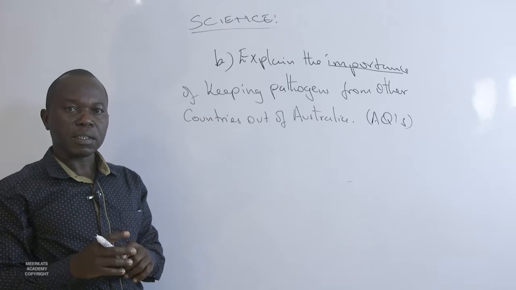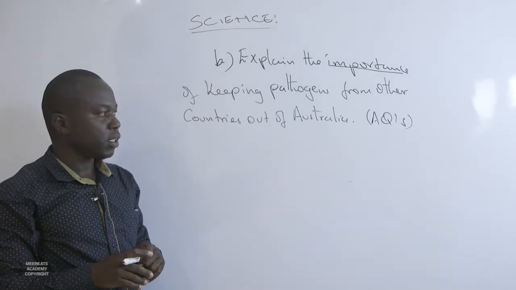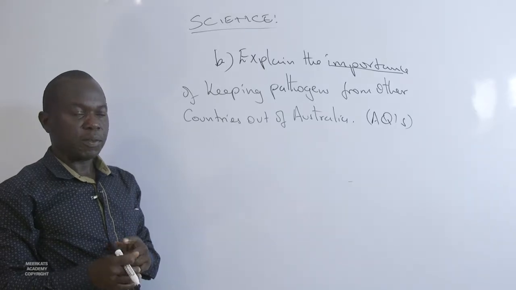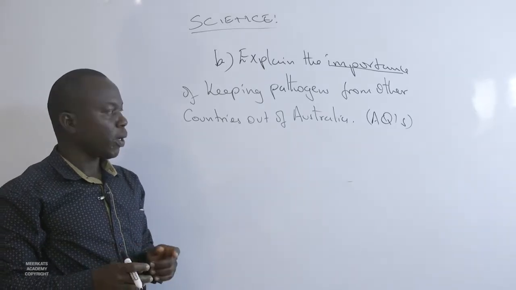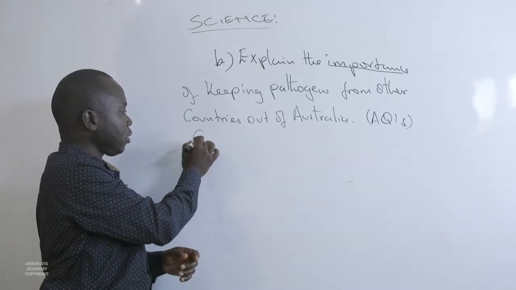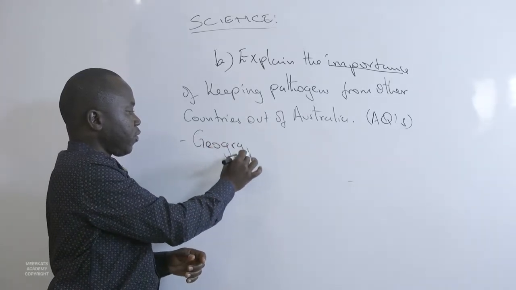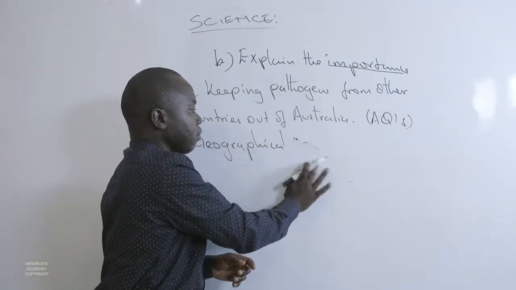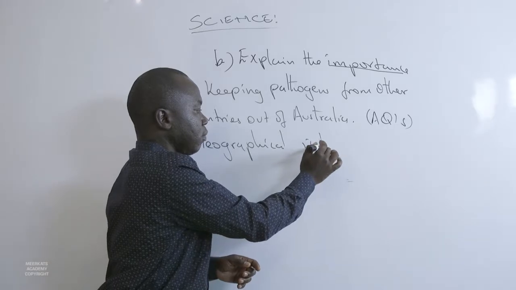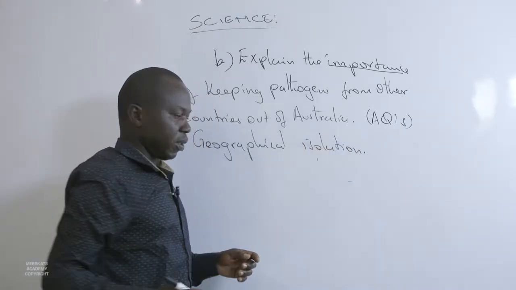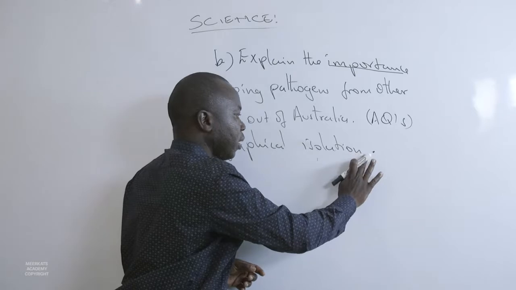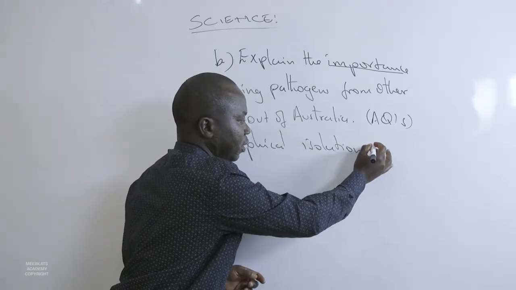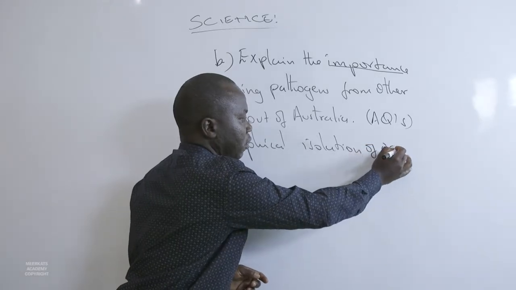Now, Australia as a country is isolated from the rest of the world. So from the evolutionary point of view, we had geographical isolation of organisms. There was geographical isolation of organisms when the drifting of the earth happened.